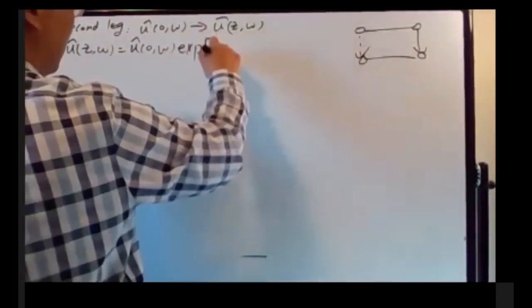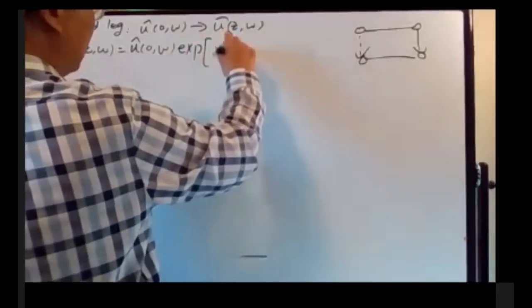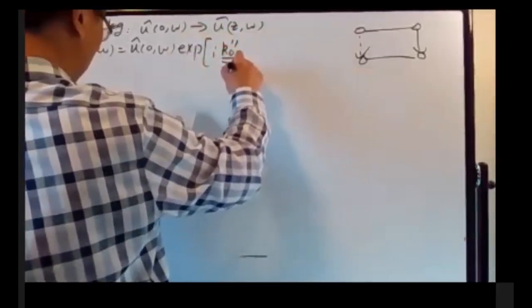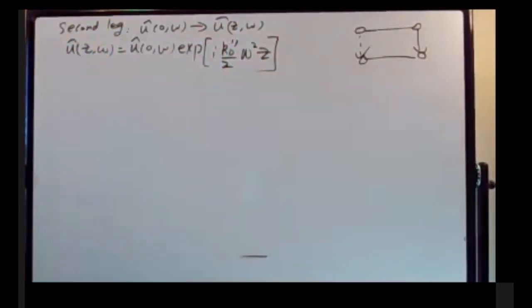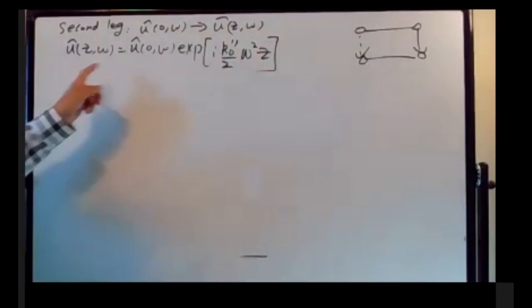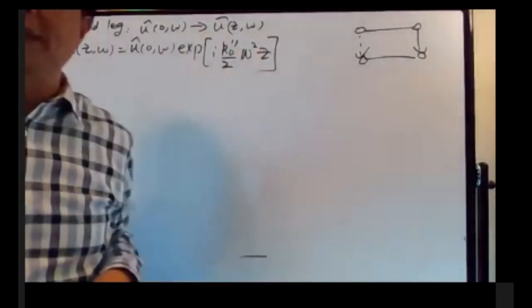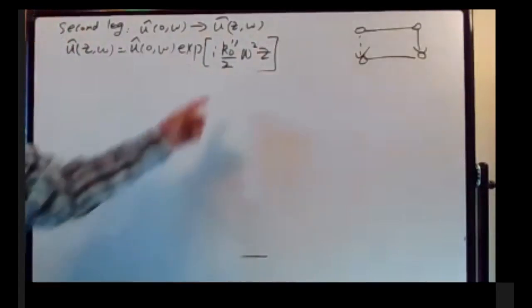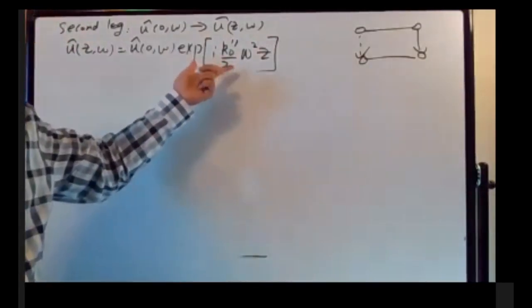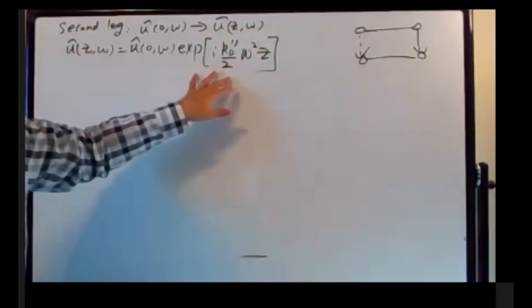What happens is exponential of i k naught double prime over 2 omega squared Z. So this is what we derived maybe last week, Monday also, right? We spent some time deriving it, and now we're going to use it.